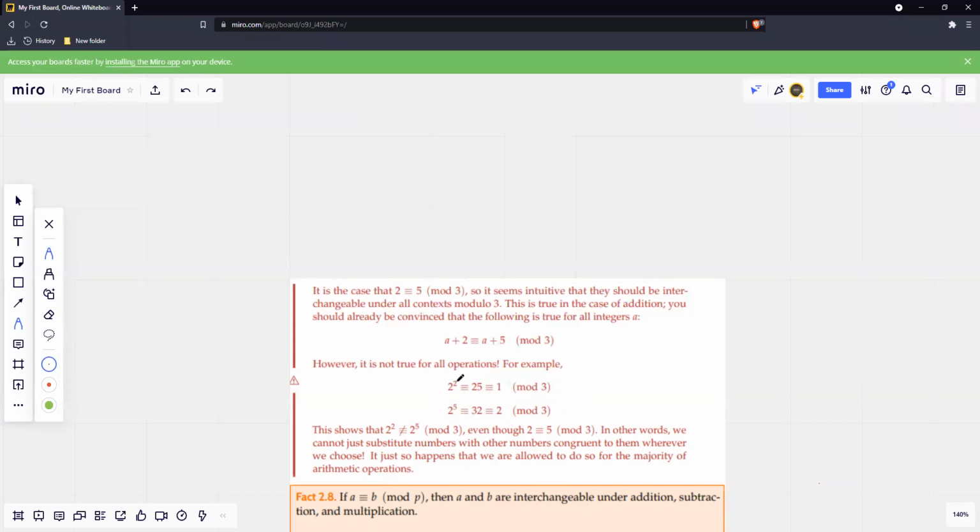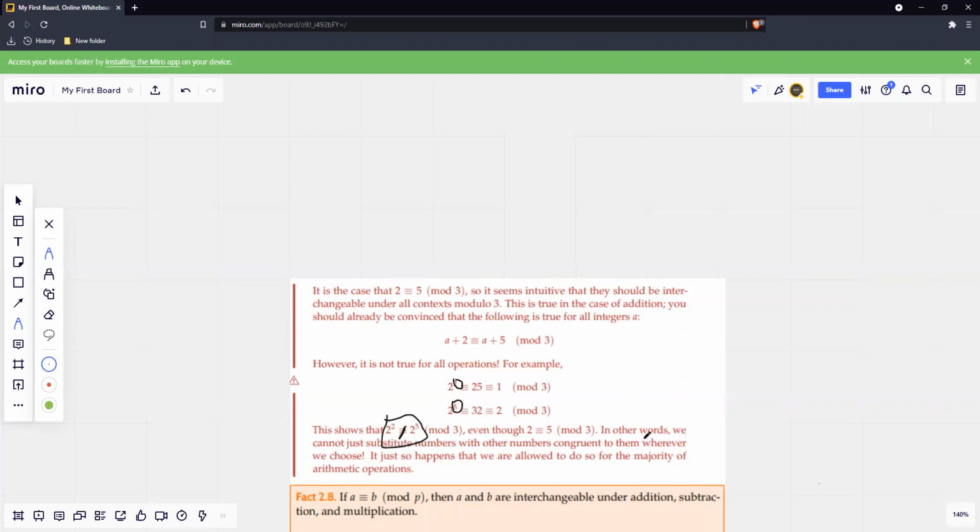But we thought that 2 and 5 were interchangeable under all mod 3, right? But guess what? It's not, because it won't work with exponents. So even though 2 is congruent to 5 mod 3, 2 to the power of 2 is not congruent to 2 to the power of 5.